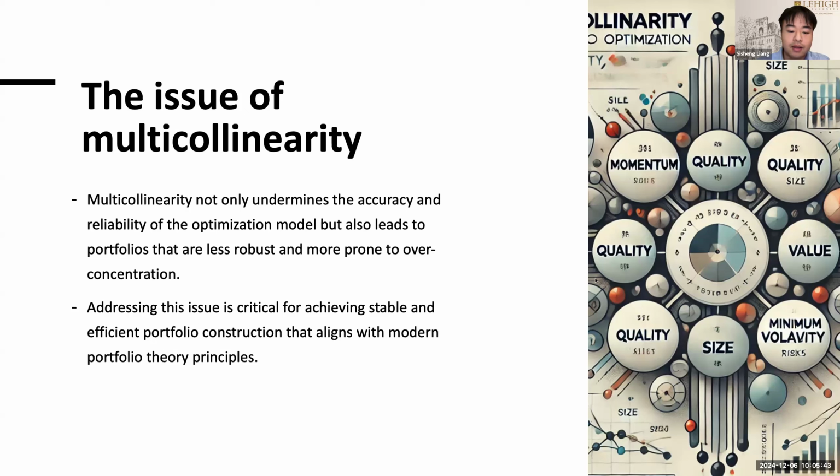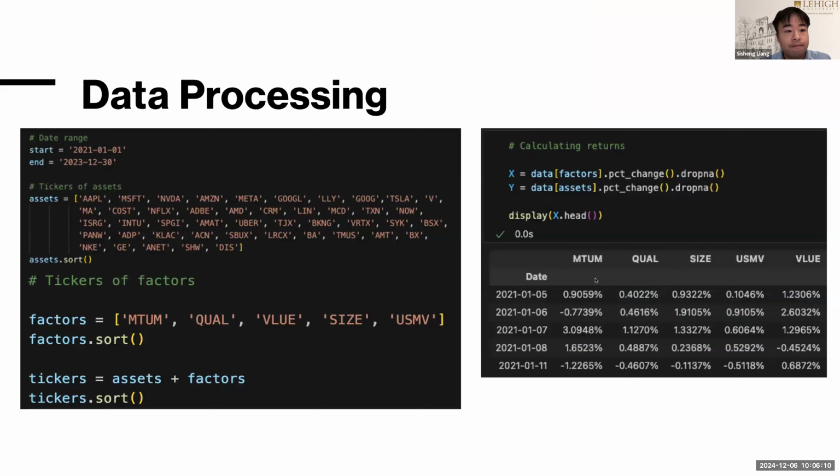What's worse is that it can lead to portfolios that are overly concentrated in a few assets, making them less robust and more vulnerable to market changes. So addressing multicollinearity is crucial to building portfolios that are stable, diversified, and aligned with modern portfolio theory. This is a problem that I want to address in a practical way.